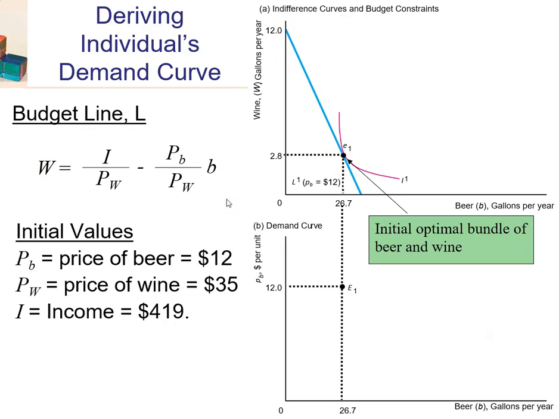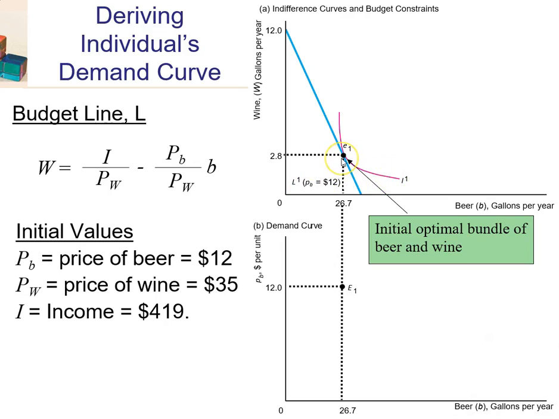Now let's assign some values to our prices and our income. Let income be $419, I know it's a funny number, and let the price of beer be $12 and the price of wine be $35. Again, wine's on the vertical and beer's on the horizontal. So this is our blue budget constraint, and this pink indifference curve is the indifference curve that lies furthest from the origin.